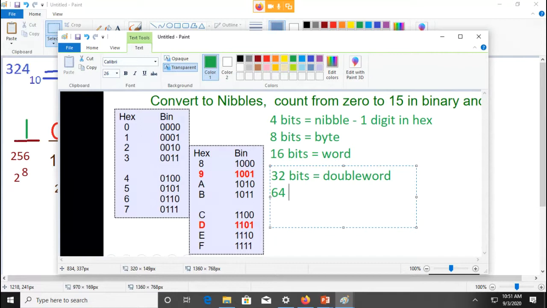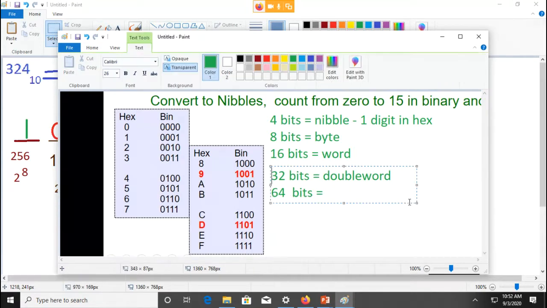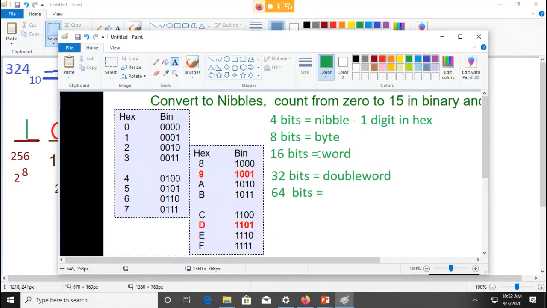And 64 bits would give you a quad word. Sometimes, because most modern computers are either 32-bit or 64-bit, they may just call it a word. But technically 32 bits is a double word.